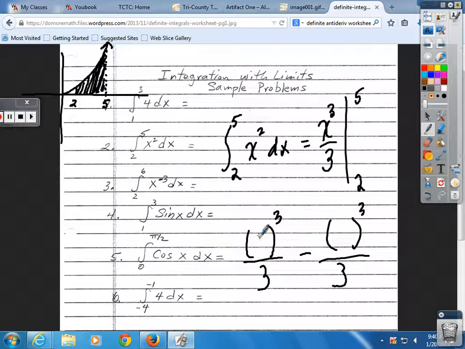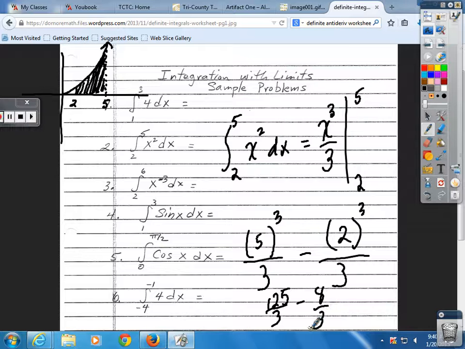All right, so what do you get here? Well, 5 goes here, and the 2 goes here. What's 125 over 3? Well, 125 over 3 is 125 over 3. We're not going to worry about it, because we don't want to depend on a calculator. 2 cubed is 8 over 3.